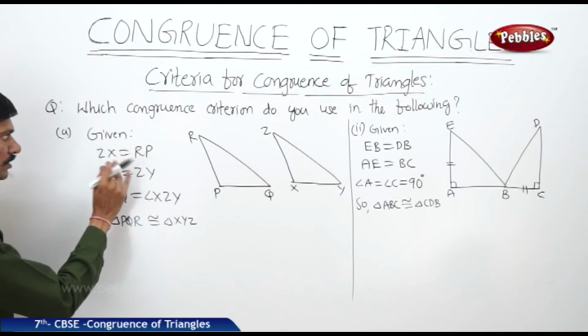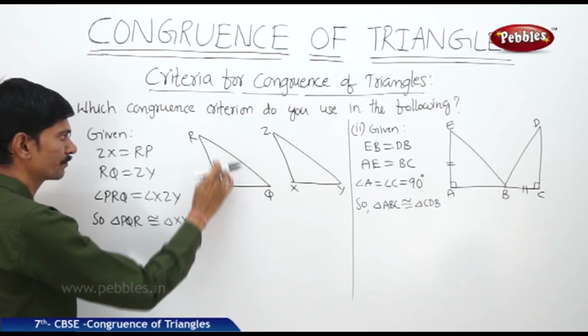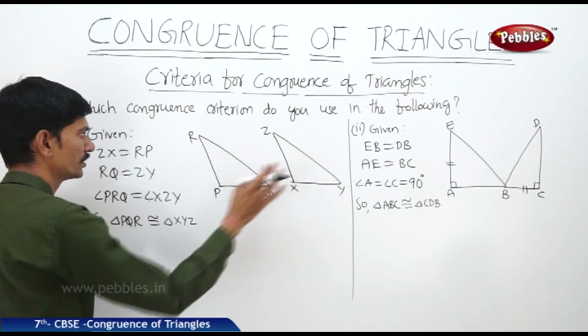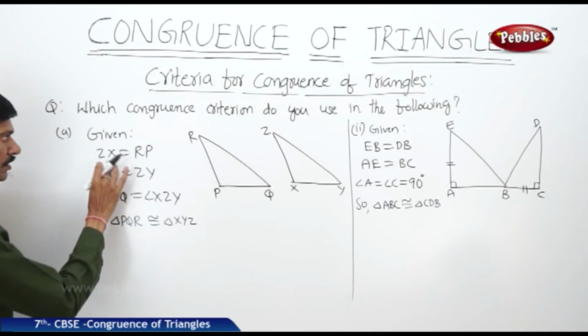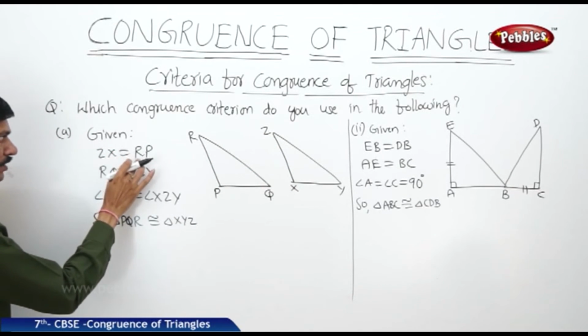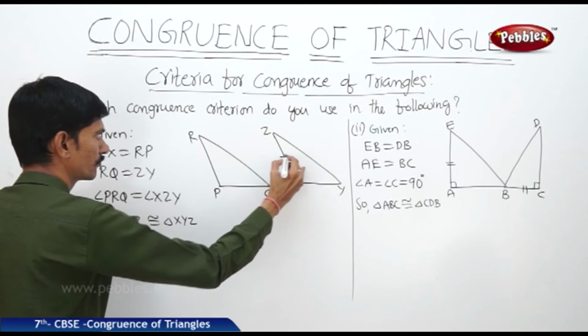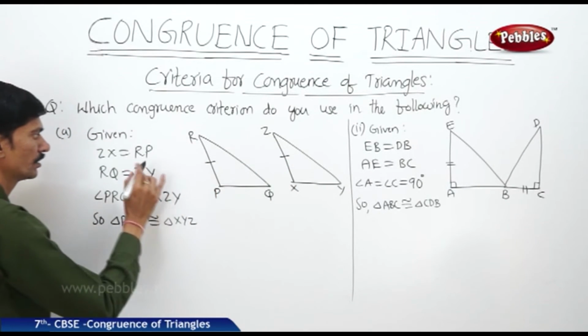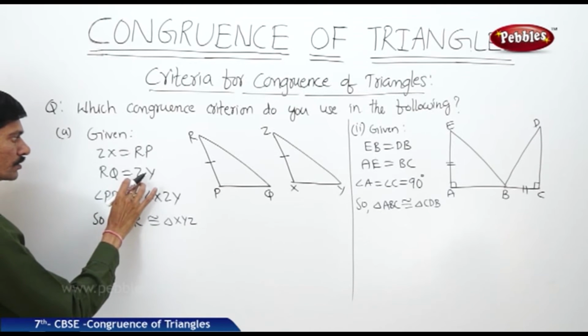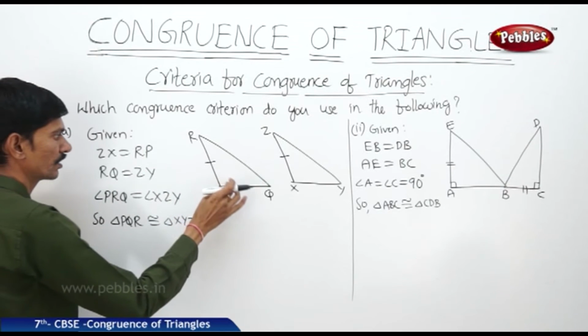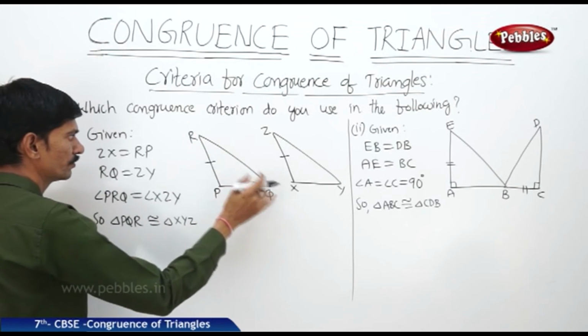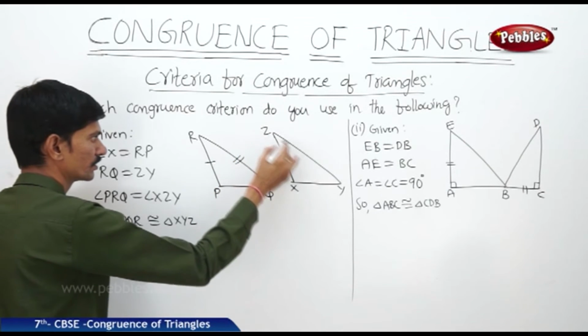In the two triangles RPQ and ZXY, it is given that ZX equals RP, and RQ equals ZY.